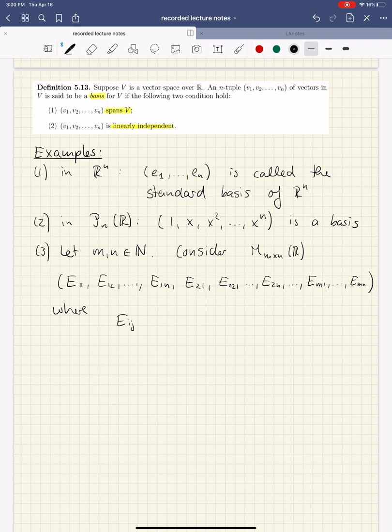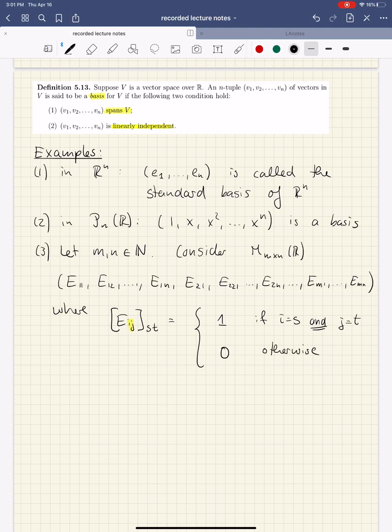And where Eij, okay, so I take the matrix Eij and I look at the entry st. It is equal to what? Well, I want it to be 1 and zeros everywhere else. And so the 1 should be precisely when this index coincides with this index. So 1 if i equals s and, so this 'and' is important, j equals t, and 0 otherwise.